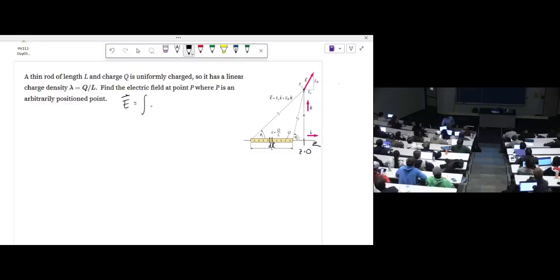Okay. So what we're after here is the electric field, E, and we're going to have to integrate over all of the unique contributions that come from the differential element as I integrate over that rod of charge. You can imagine that from here there is a dE that looks like that.